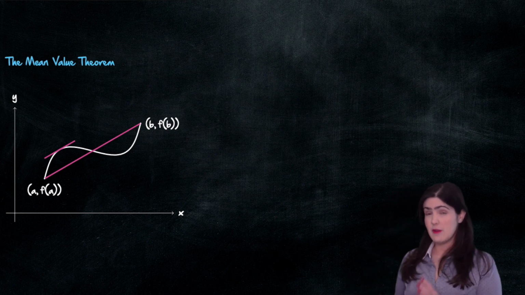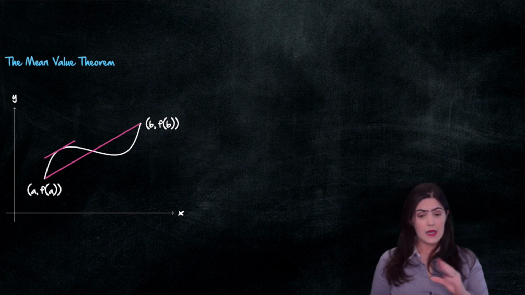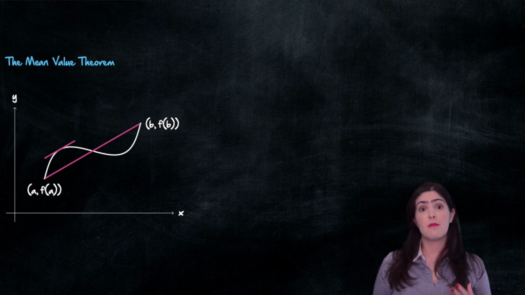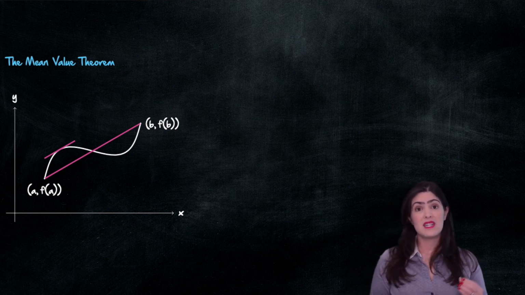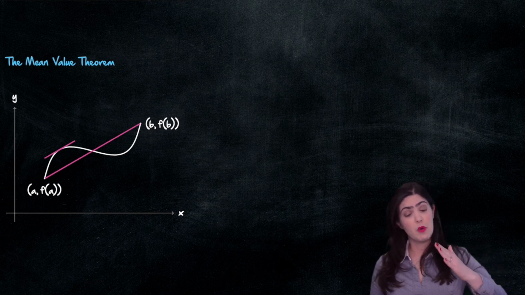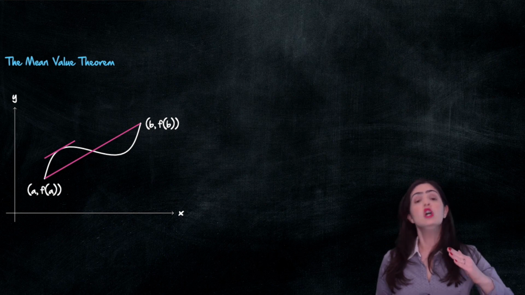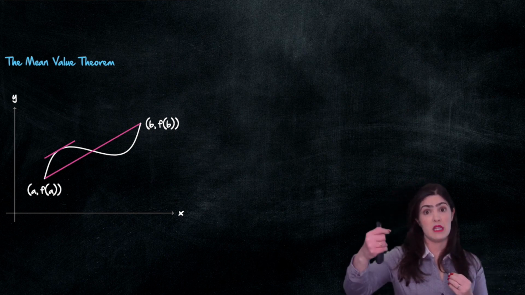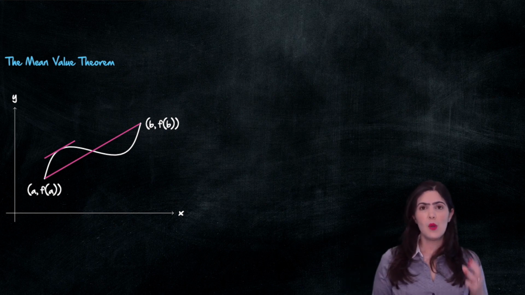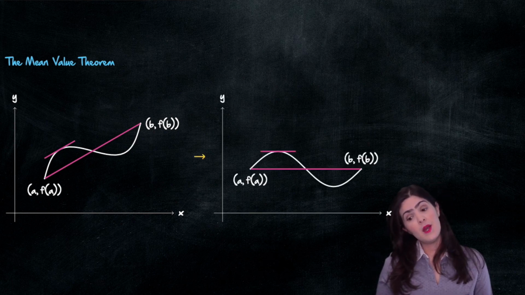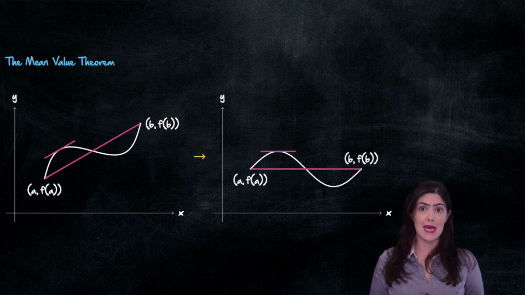The idea behind the mean value theorem is the following. The conclusion of the mean value theorem tells me that I can have a point c for which the tangent line to the graph at the point (c, f(c)) is parallel to the secant line going through the points (a, f(a)) and (b, f(b)). So what we're going to do is tilt our heads a bit, and now the picture looks like that.